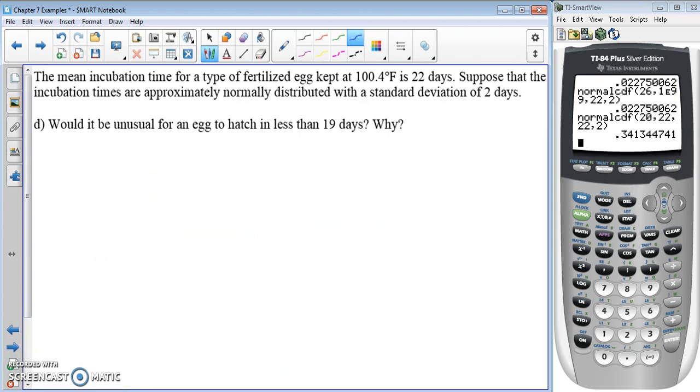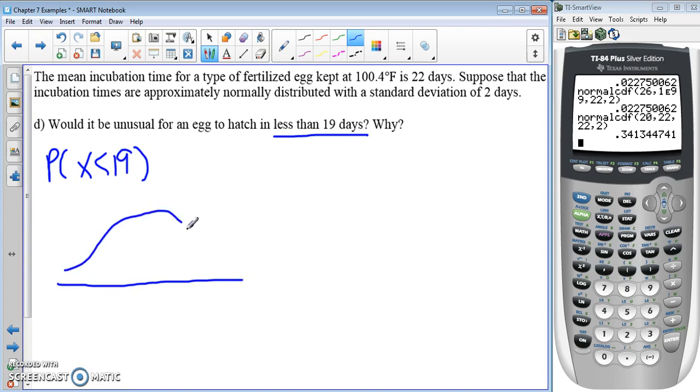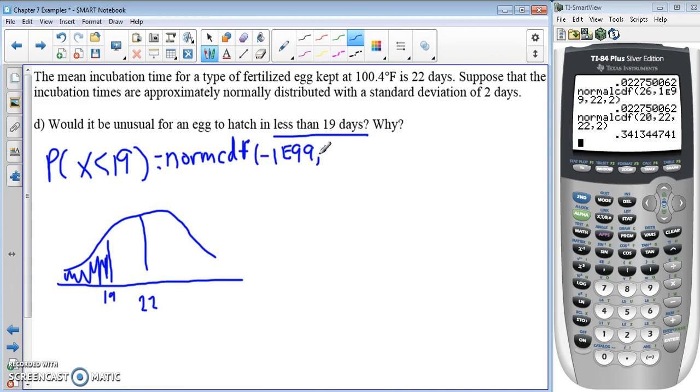And then last part, we want to know, would it be unusual for an egg to hatch in less than 19 days? So we're going to look for the probability that X is less than 19. I'm drawing our picture here, 22, we want less than 19. So we're looking at normal CDF, negative 1E99, and then 19 is our upper bound, mean is 22, standard deviation is 2.